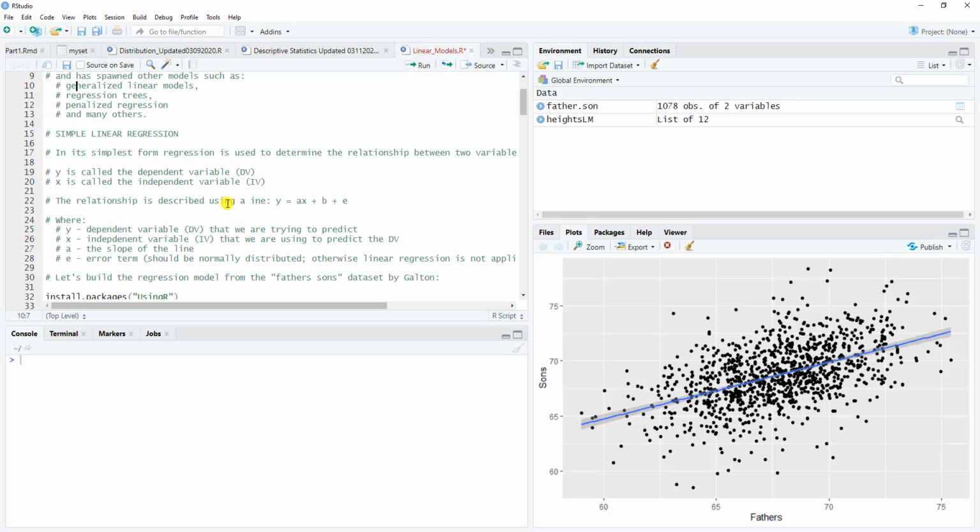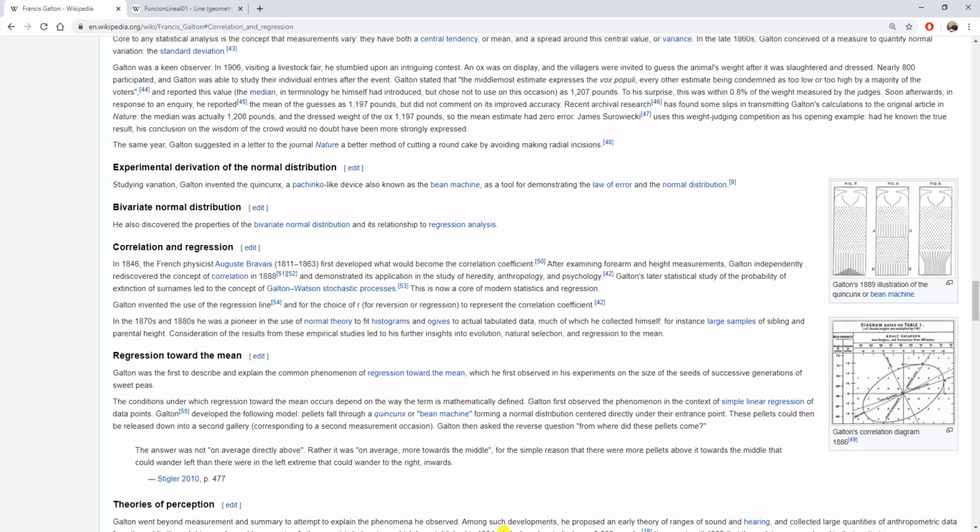Now, why is it linear? Well, because we're trying to describe the relationship between x and y with a line. And here, at least the first part, it looks exactly like an algebraic expression for a straight line. I'll leave that e part out for now, so I'll just talk about this part. Probably in high school you took algebra, or in college you had to take algebra, and this is where you discussed this general algebraic equation for a straight line.